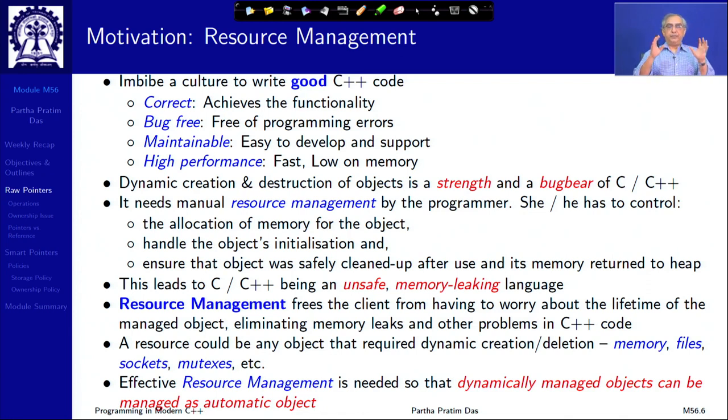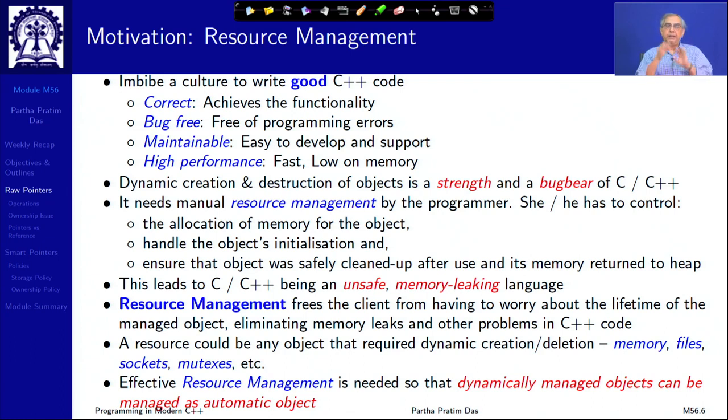So, resource management talks about freeing the client from this lifetime management of the objects. Right? It can eliminate memory leaks and other problems, and when we talk about resource, it does not necessarily have to be only address locations. It may be memory, it may be a file, it may be a socket, it may be a mutex, it may be a database connection and so on and so forth.